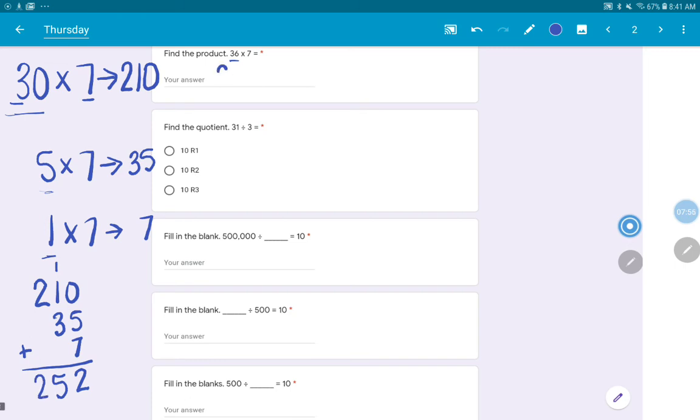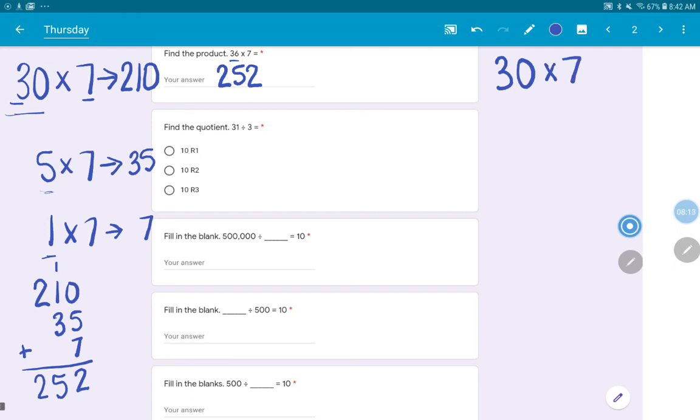Miss Wheatley, can I say how I did it? Yes, sir. Owen, how did you do it? I got the 30s and I times it by 7, and I got the 6s and I times it by 7, and what I got from both of them I put together and I got 252.